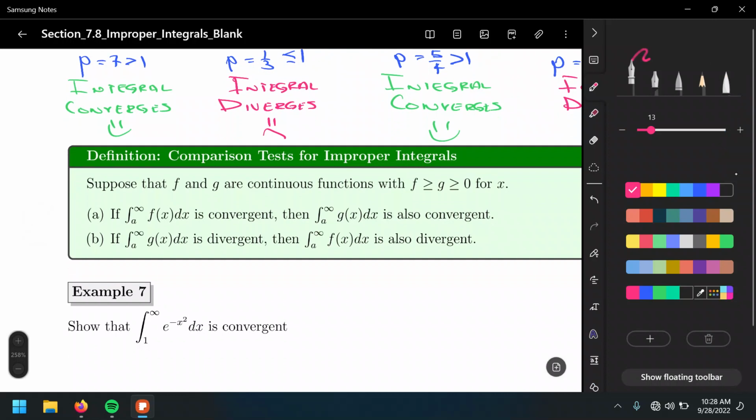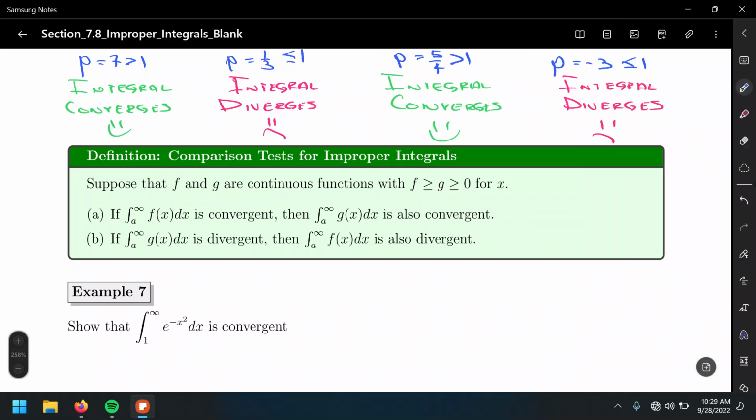So let's label this as our test integral. When it comes to convergence, this will be our test integral, something that for sure we know converges.